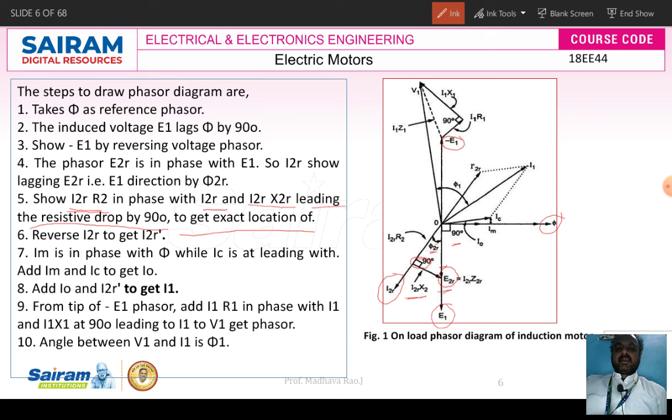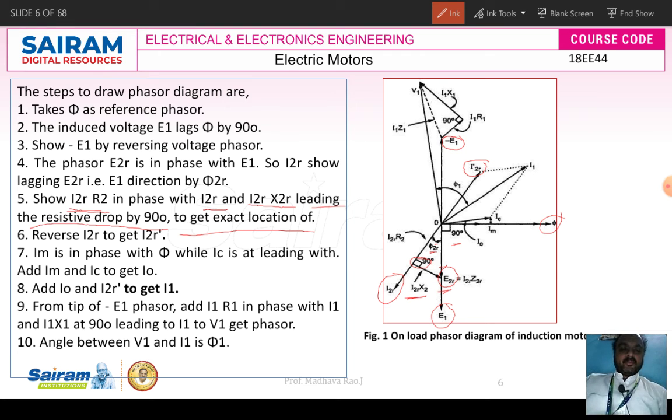To get the exact location, we can take 90 degrees here and reverse I2R to get I2R dash here.